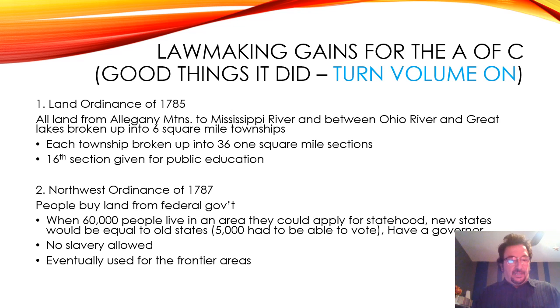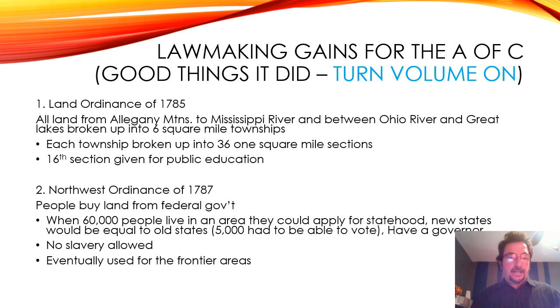That is basically 1 square mile per little section. In 1 square mile, you have about 640 acres. That's the typical 1 square mile for all those people who are interested in geography.